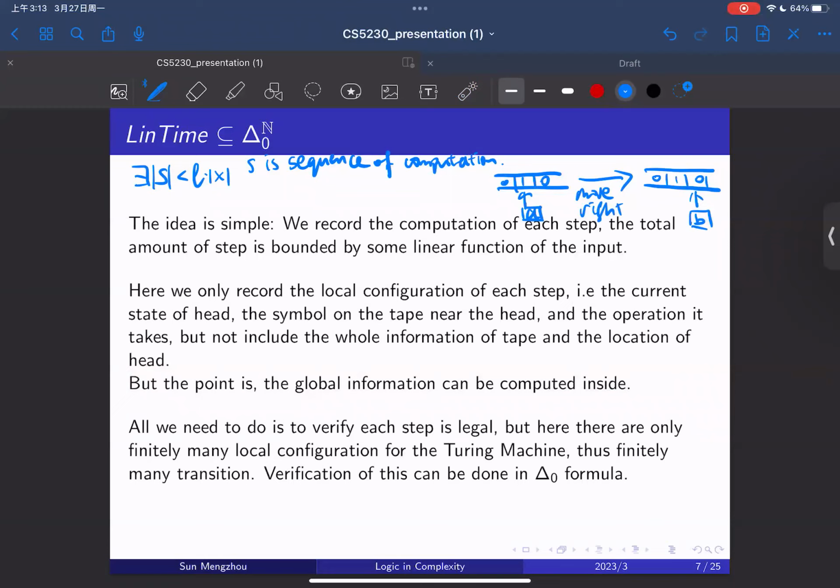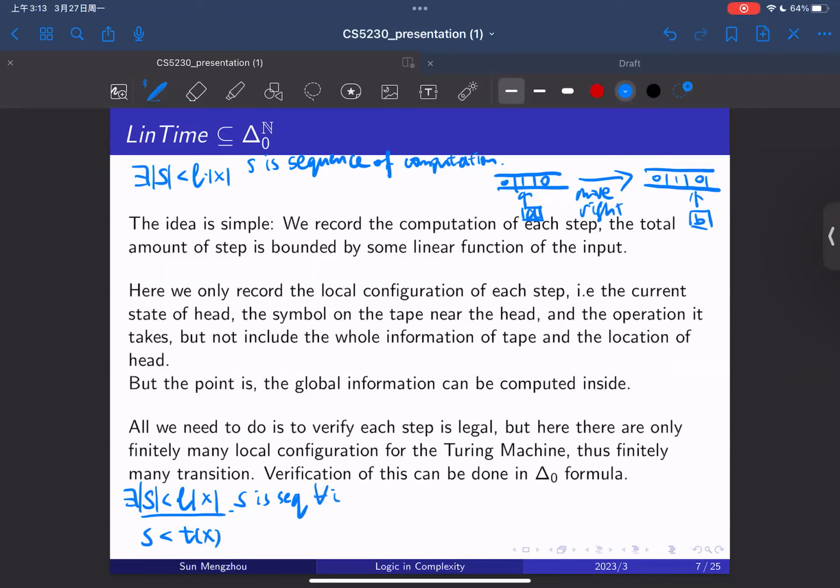So we may write it out. So we may write the delta zero formula like this. Like there is S, whose length is bounded by some linear term of x, and this is the same as S being less than some polynomial term in x. S is a sequence, and the length of x.